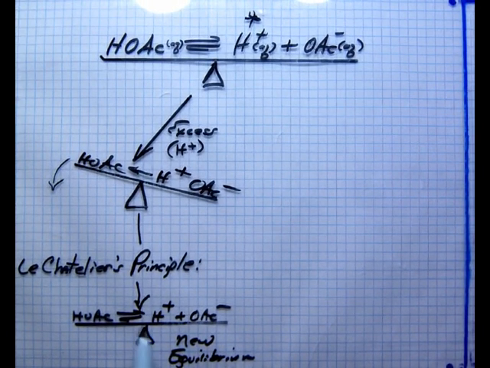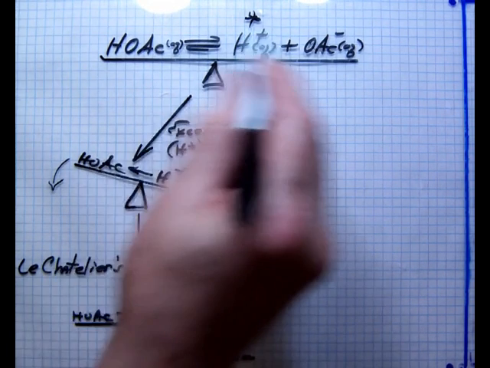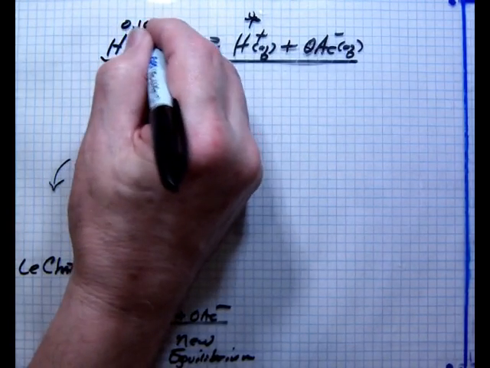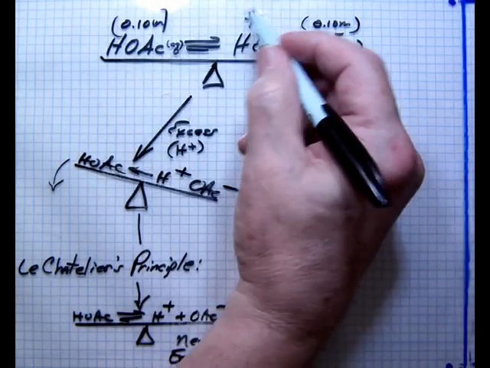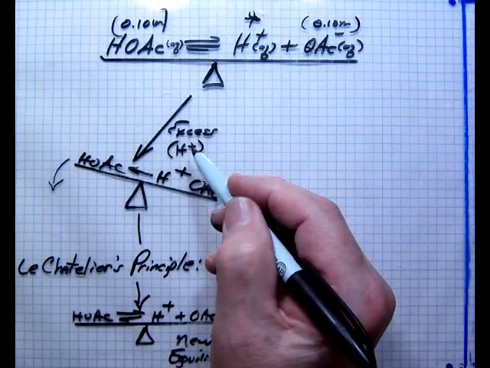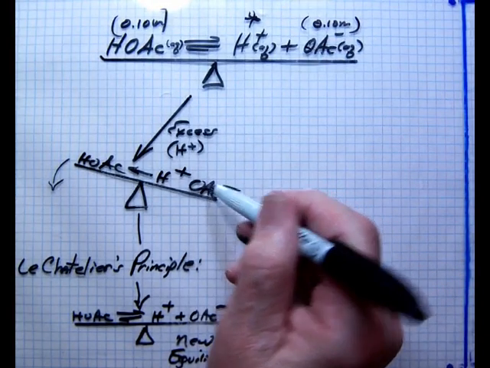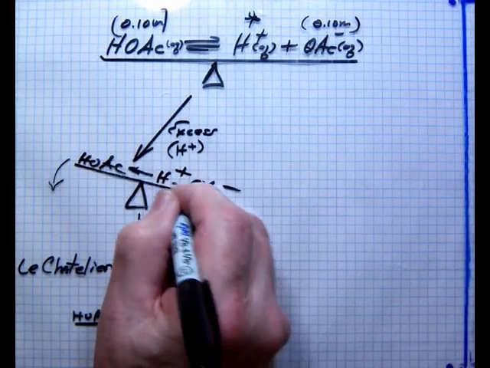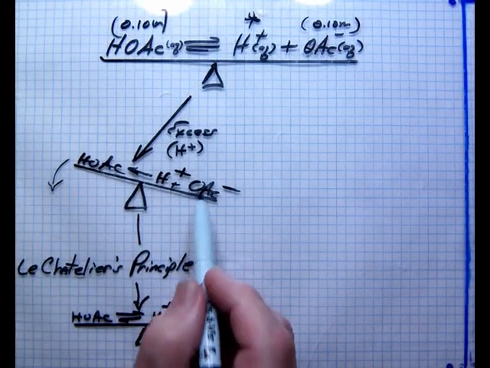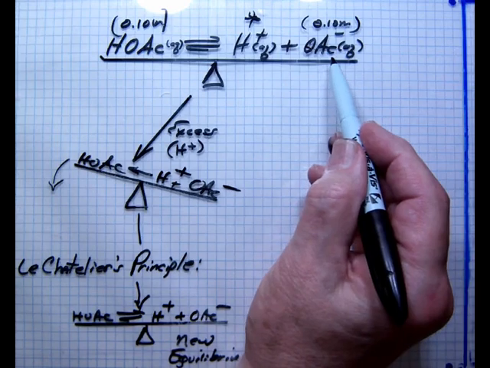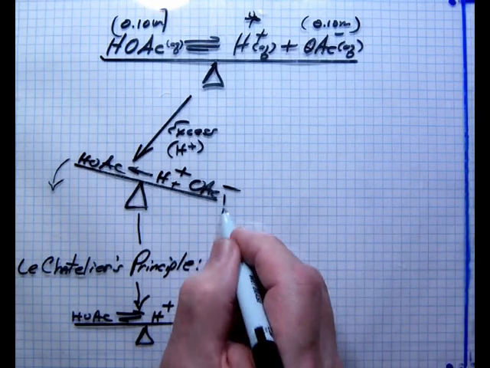Now, one thing that you need to understand is the concentrations of the acetic acid and the acetate are no longer equal. When we made our original, we were 0.10 molar, 0.10 molar. But when we added the extra hydronium ion, it disturbed the equilibrium, tilted right, so it has to shift left. And that causes the concentration of the available OAc to go down.